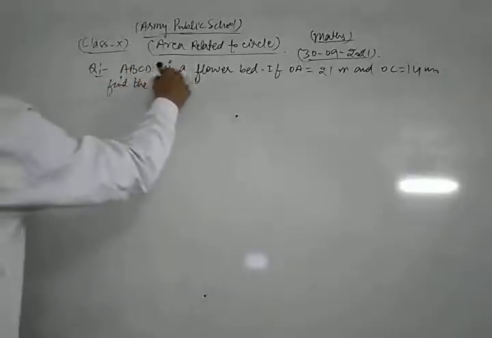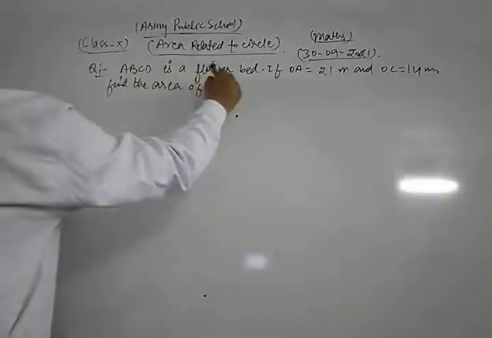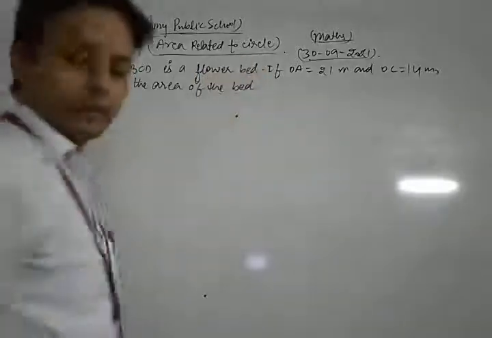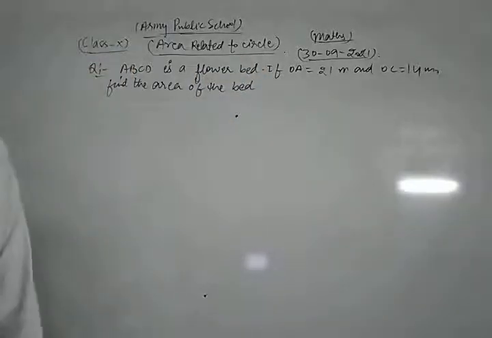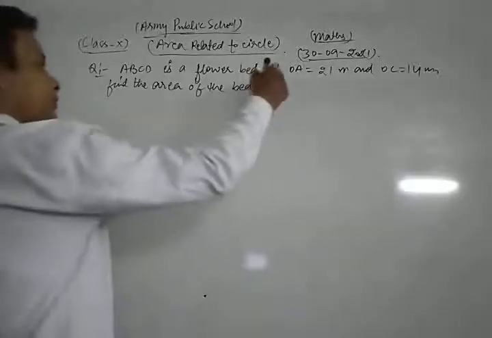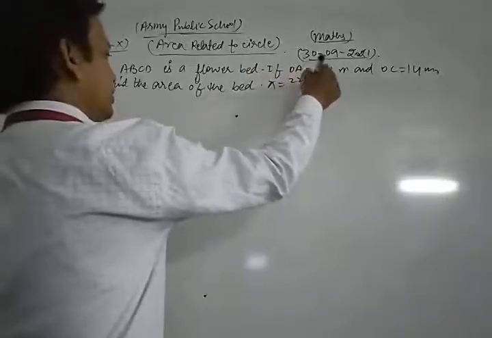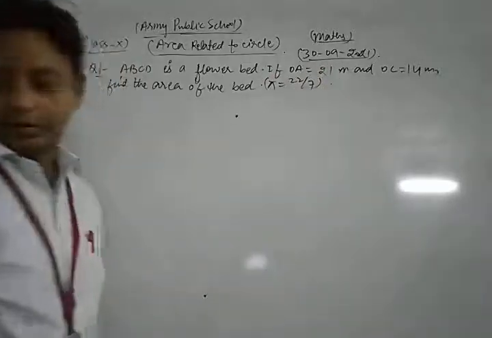Take the value of pi as 22 upon 7. The figure is given.